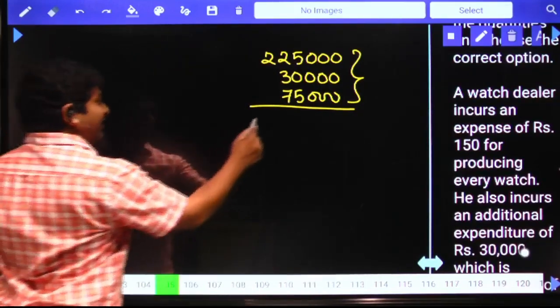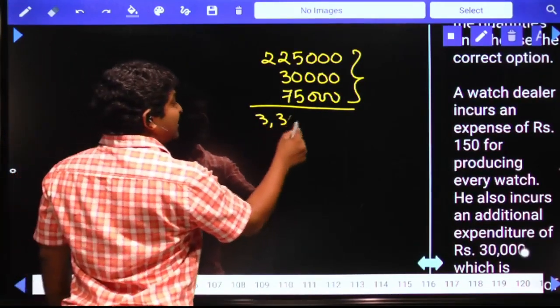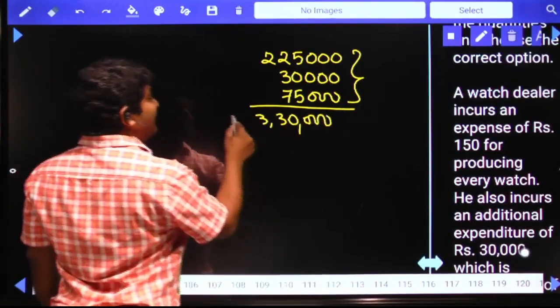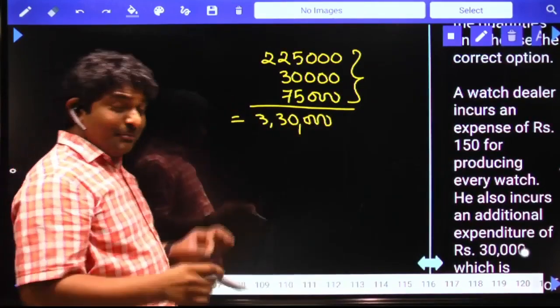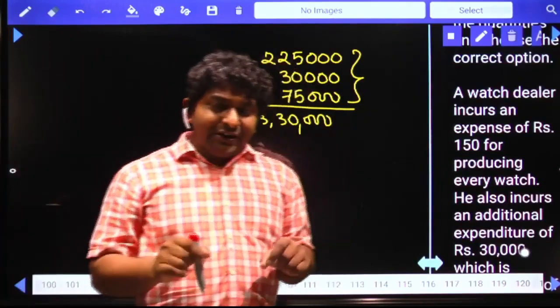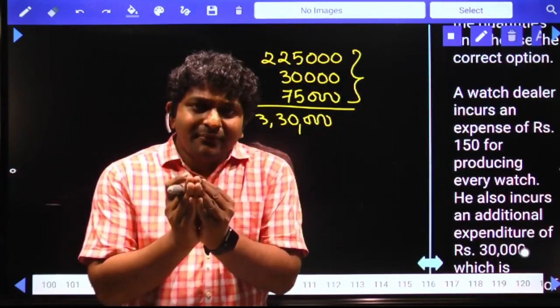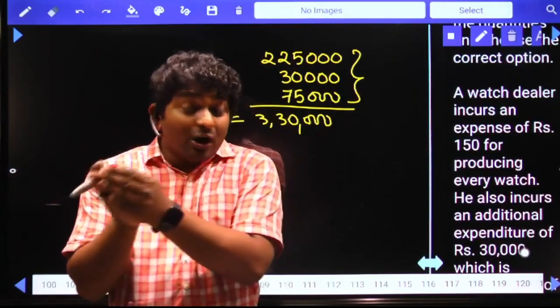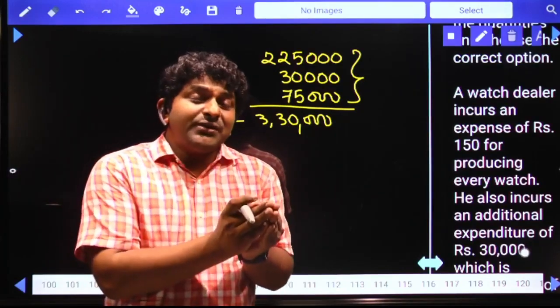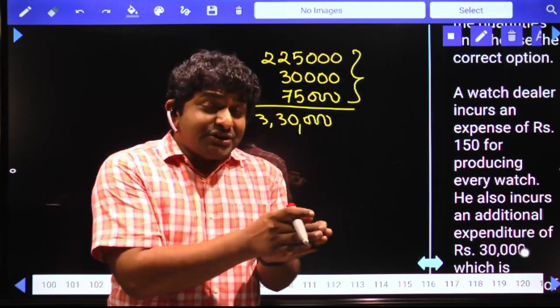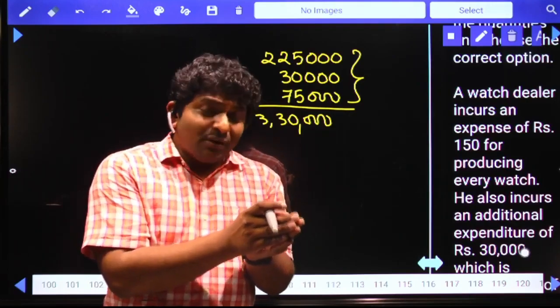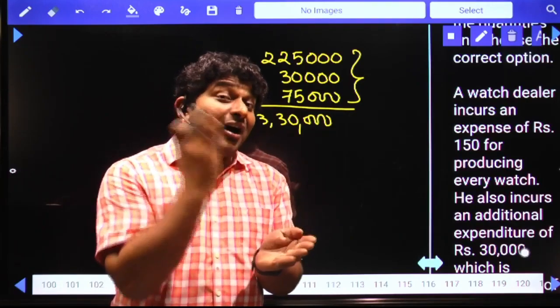Now he must get 3,30,000 by selling 1500 watches. But out of 1500 watches, some watches we are selling during on season and few watches we are selling off season. Your question is to identify how many watches we are selling during off season.